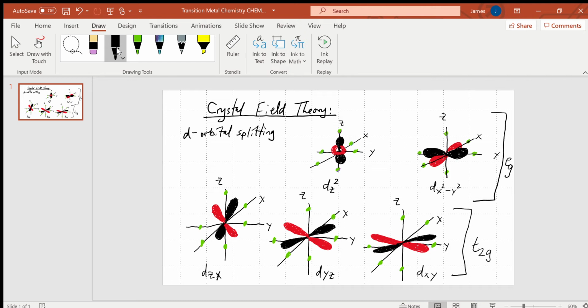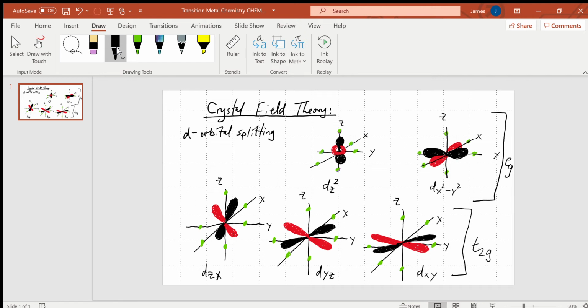We know that the eg set is going to have higher energy because there's greater electric repulsion, because we can see that the green ligands are pointing directly along the axes, and they're headed directly towards the orbital lobe of the metal. So that's a direct head-on collision.